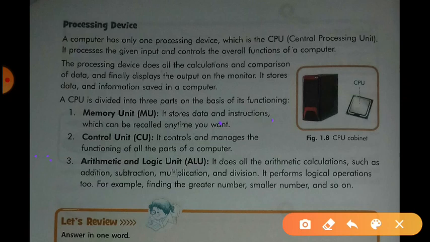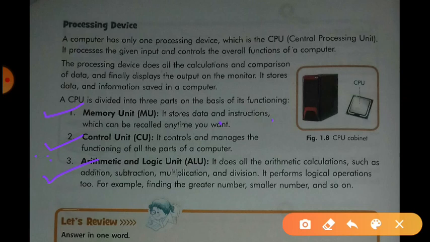Dear students, a CPU is divided into three parts on the basis of its functioning. First is memory unit, second is control unit, and third is arithmetic and logical unit. Memory unit stores data and instructions which can be recalled anytime you want.